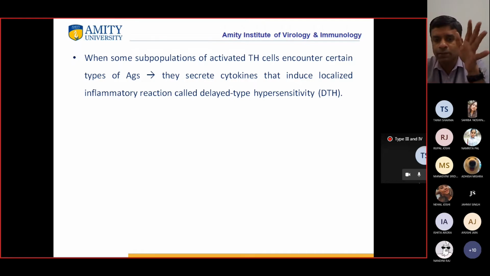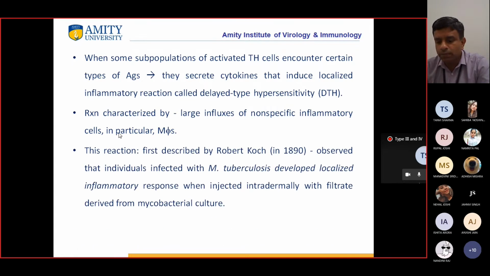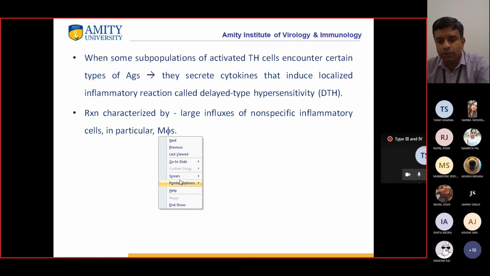So students, in this case antibodies are not involved, the T helper cells are involved. So by the time the symptoms come, it takes a lot of time, and that's why it is called delayed type hypersensitivity. The reaction is characterized by a large influx of non-specific inflammatory cells, in particular macrophages.